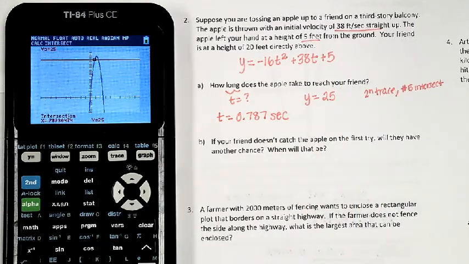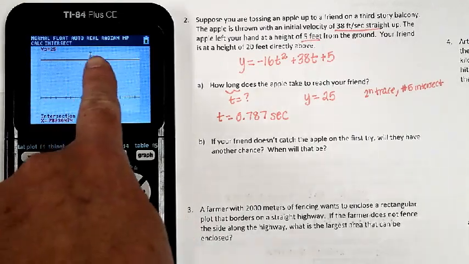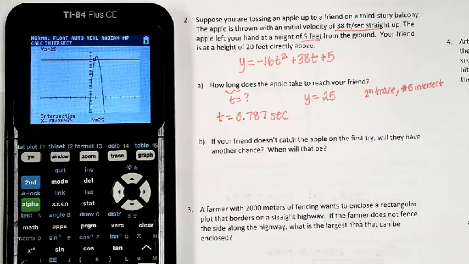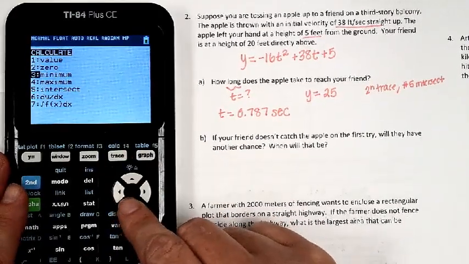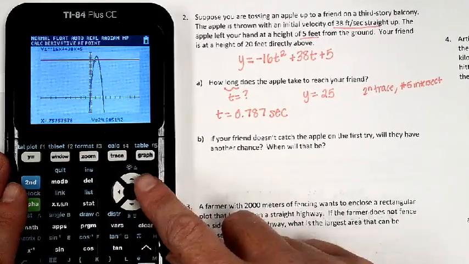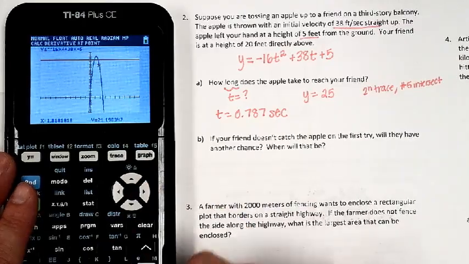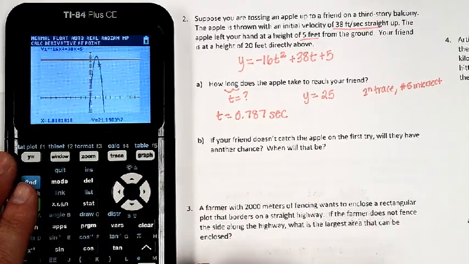What does it mean, first and second? If you look here at your graph, it goes up, and if she doesn't catch it, then she has another chance to catch it. So we're going to do a second trace again, intersect, and then you're just going to scroll to the other side of the vertex, enter. I did something wrong.